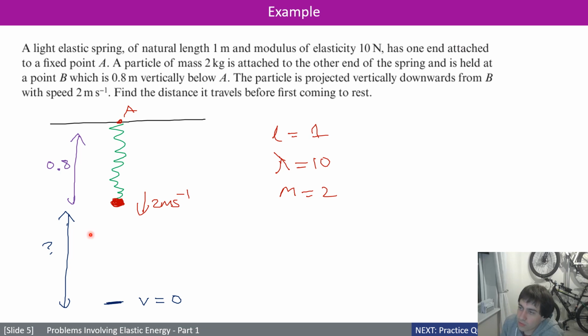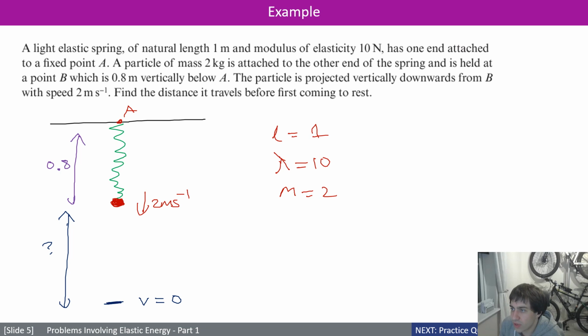So I think it's worth always breaking up this mystery distance into components that then create a position where you can see the natural length. We should mark the natural length on our diagram and then fill in the distances either side.